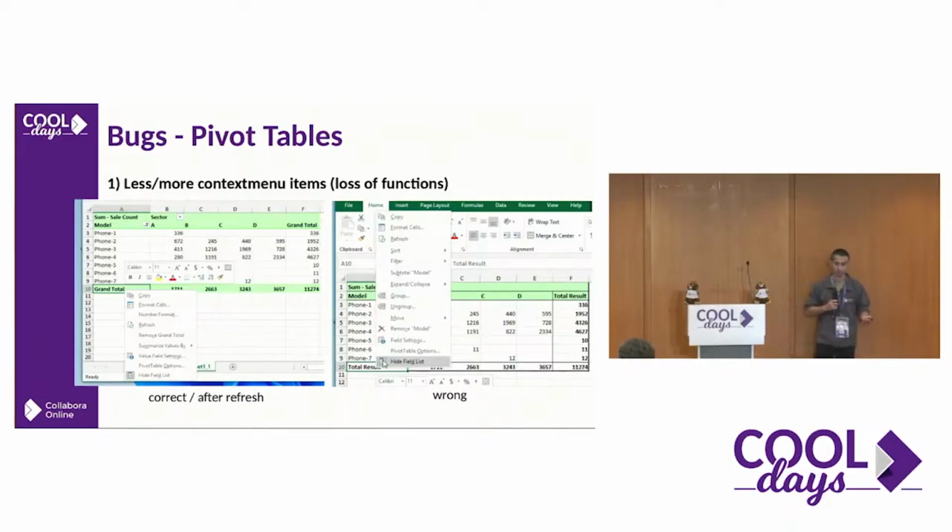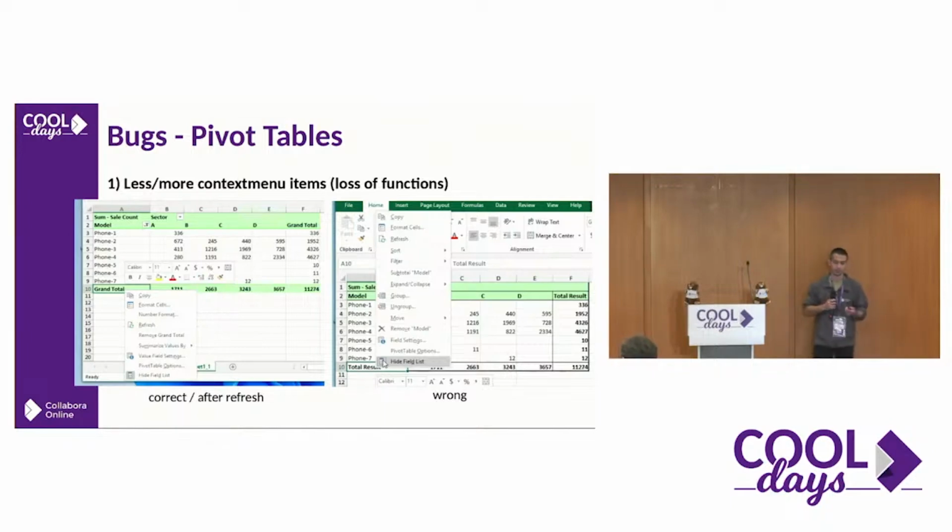When you right click, you will see the context menu items, and for example, we clicked on the total result row, and there are some options about model. And on the left side we have the correct document, correct pivot table, and the question is how we know that.